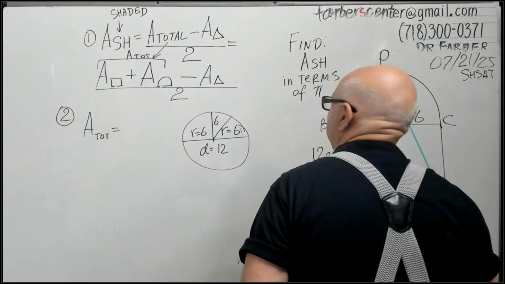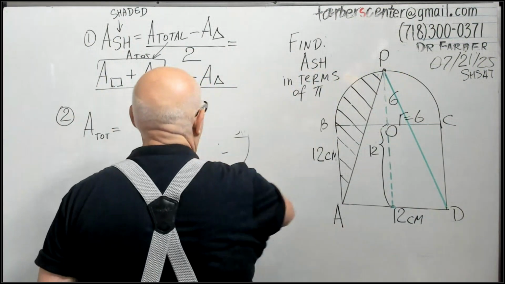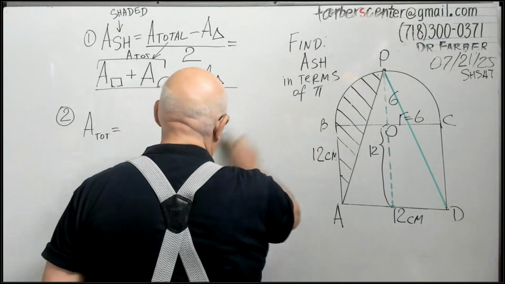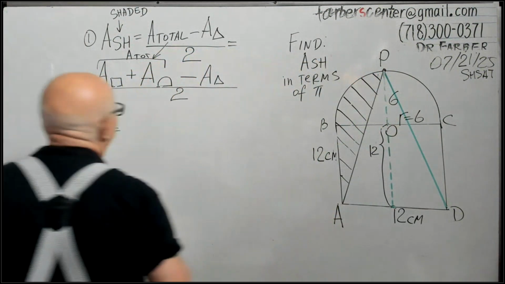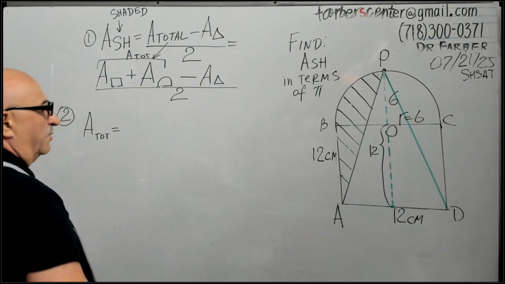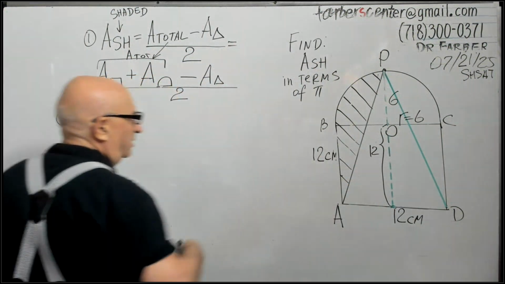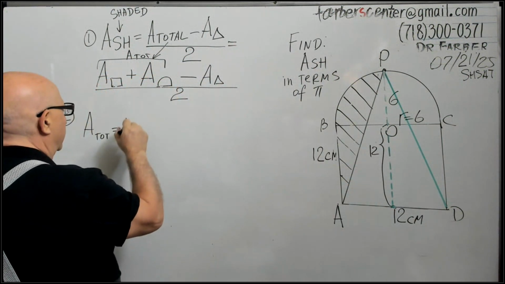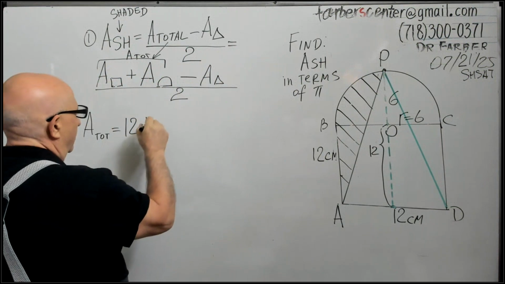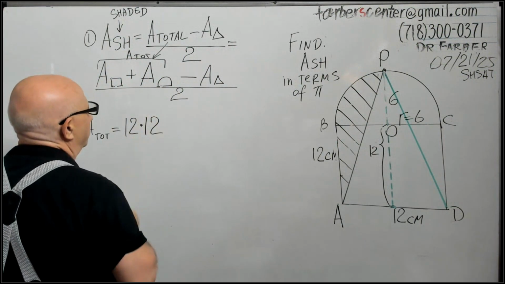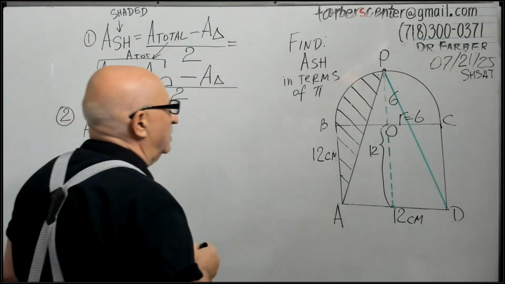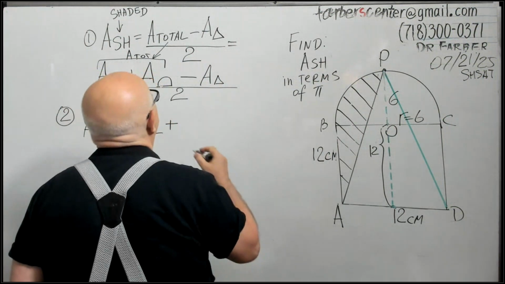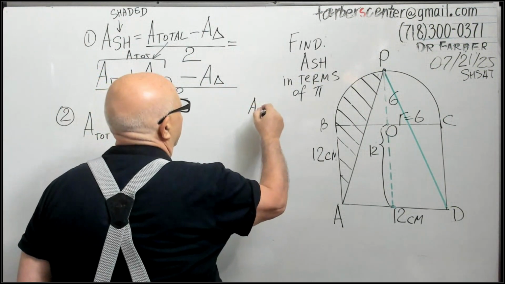Since you know this stuff, and this is just a simple radius, how to find area of semicircle? First of all, area of square is 12 times 12, you can write 12 to the second power. Plus area of semicircle. Area of circle is pi r squared.